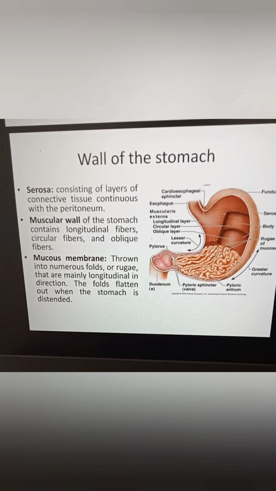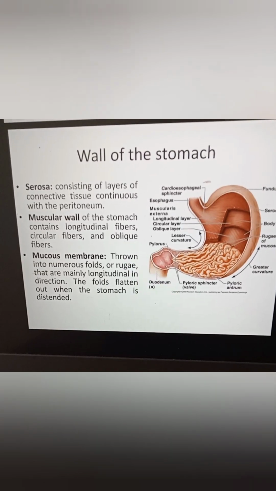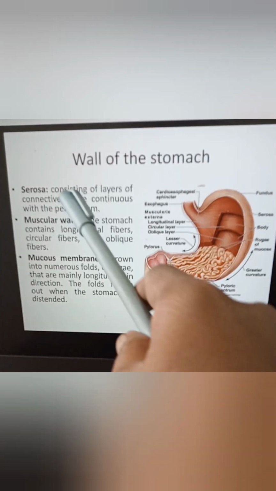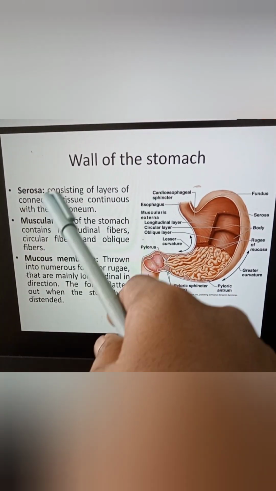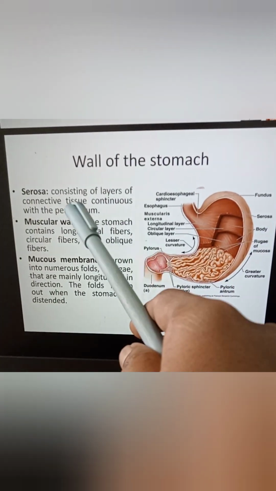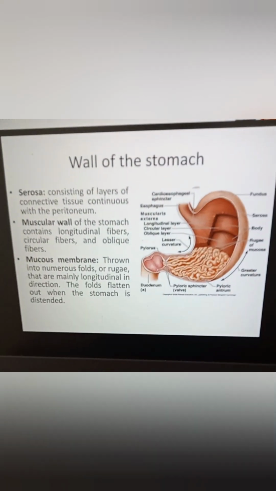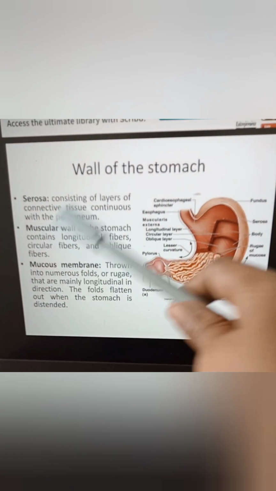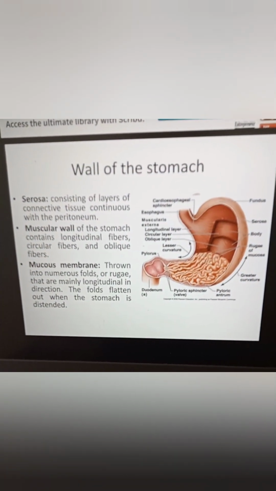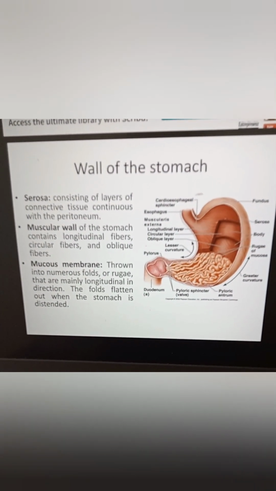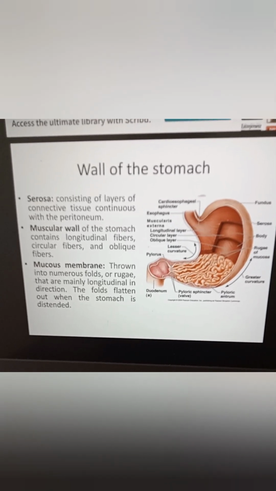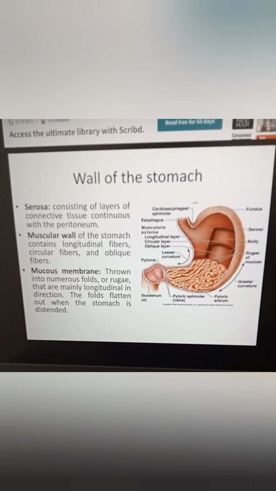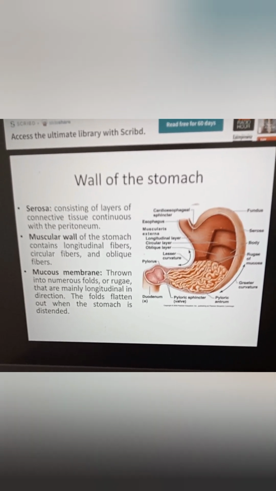What are the walls of the stomach, meaning the layers of the stomach? The outermost layer is called the serosa, consisting of layers of connective tissue continuous with the peritoneum. The middle layer is called the muscular layer or muscular wall, which has three muscle types: oblique, longitudinal and circular.